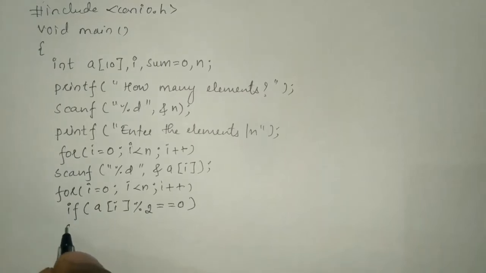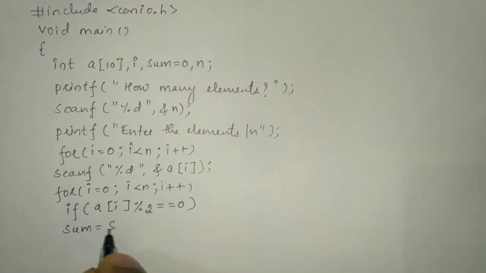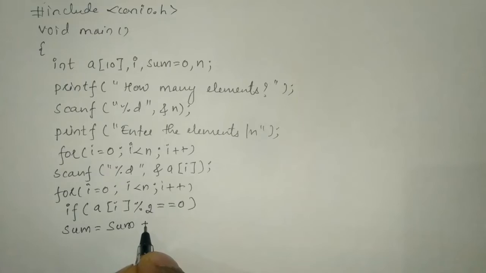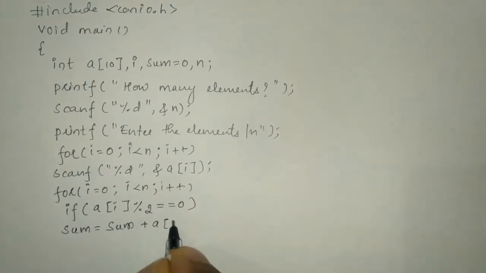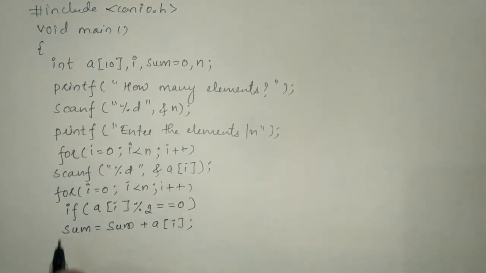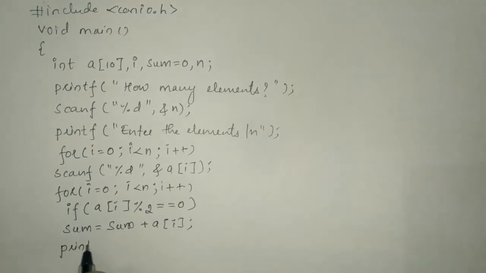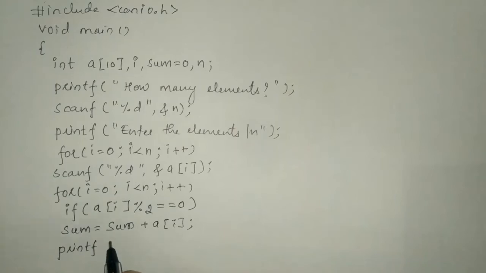So for that I am going to write sum is equal to sum plus a of i, and put semicolon. After this we have to print the sum of all even numbers.